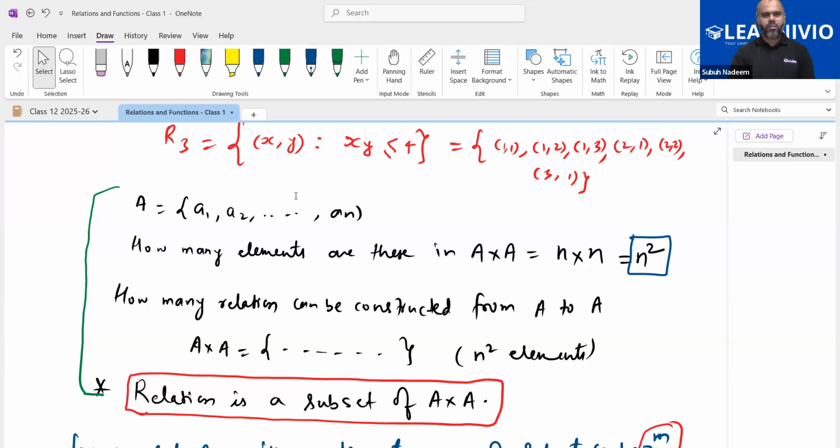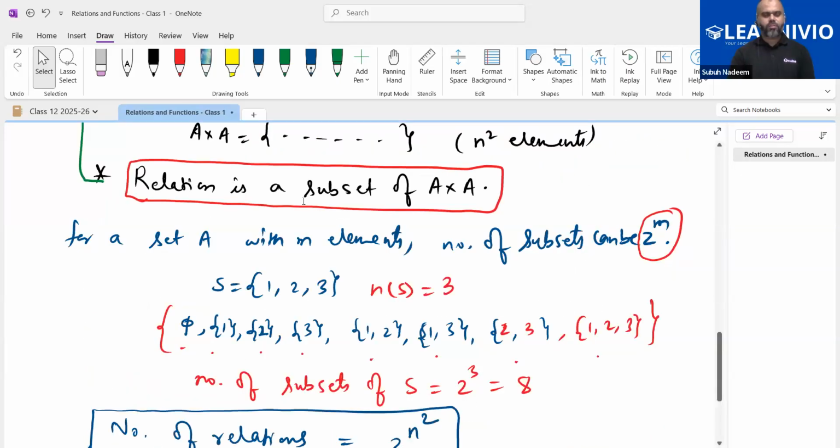So I'm moving it down. From here, we have recapped whatever we have studied in 11th.